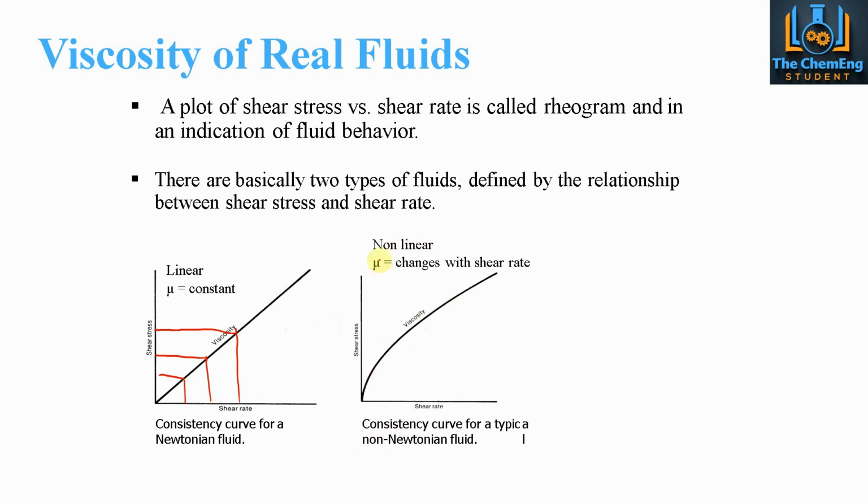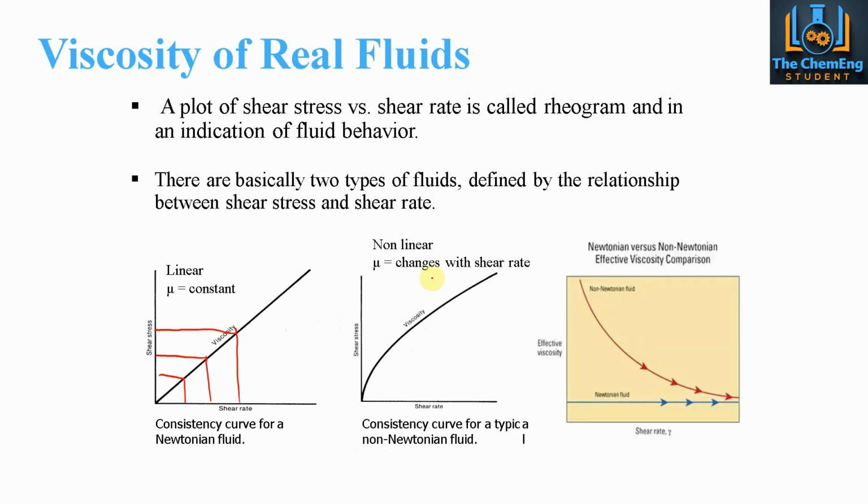So essentially we have two different behaviours. We have non-Newtonian fluid flow, which means that the effective viscosity will change with respect to the shear rate, whereas for Newtonian, the effective viscosity will remain constant regardless.